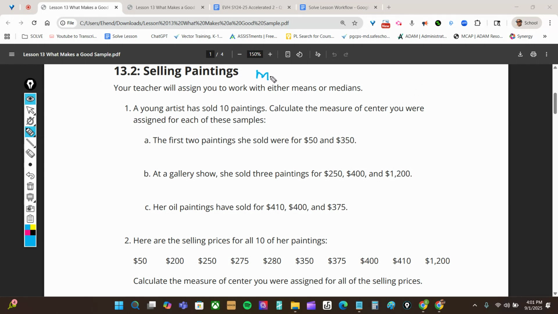Mean equals average. And median is middle. Equals middle. Let's go ahead and work on that, depending on what group you're in.